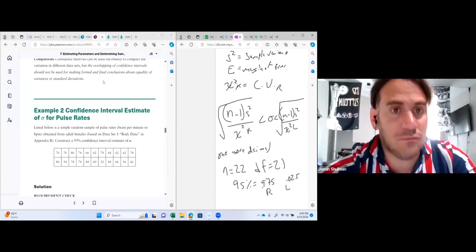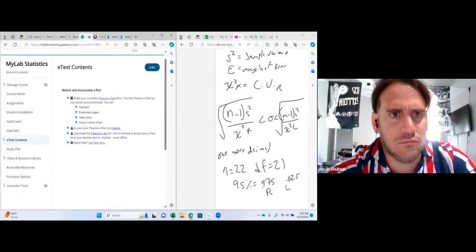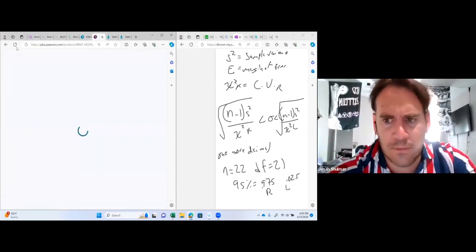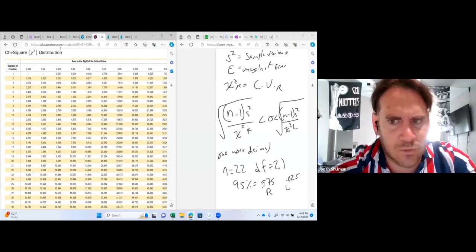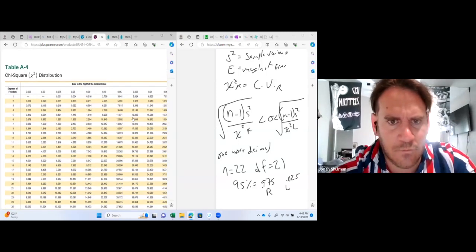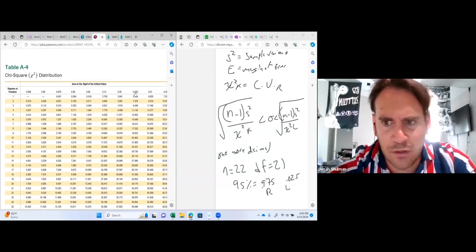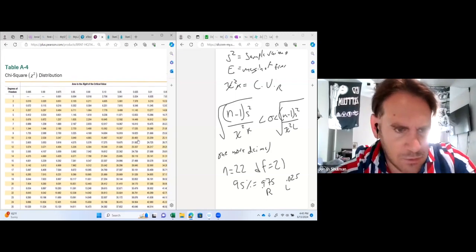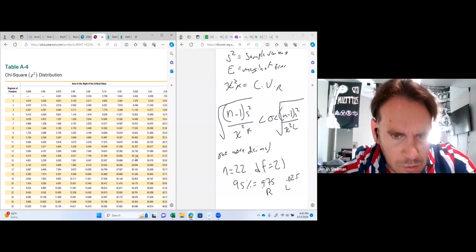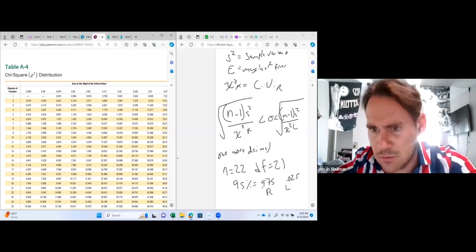Right away, we have that. So first one's the 0.025. That's what's left over to the right. We have what? We have 21. 0.025 and 21 is 35.479.